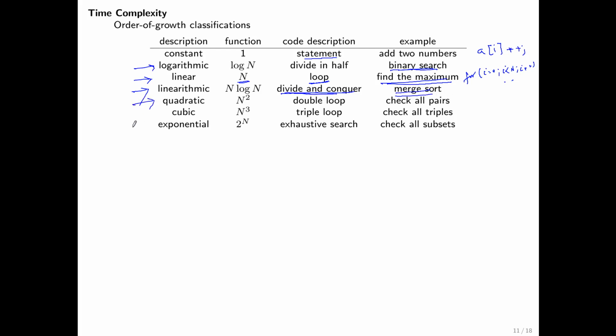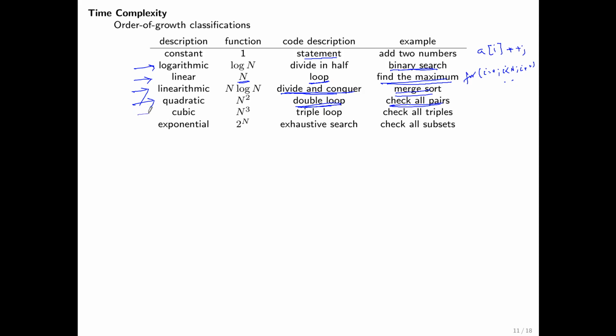The next class is quadratic, which we write as n squared, and this typically manifests itself as two nested loops, a double loop. A good example is enumerating all pairs. If I give you n numbers and ask you to print out all distinct pairs, you would set it up as a double loop, and that has a running time that is quadratic.